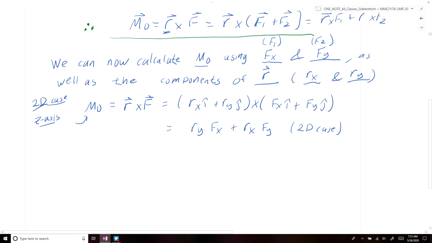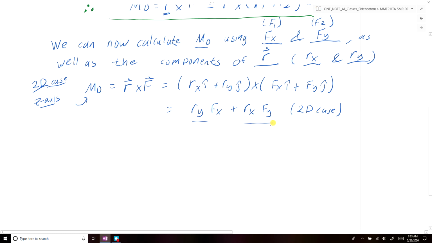The one thing you have to keep in mind here is the signs of your values.